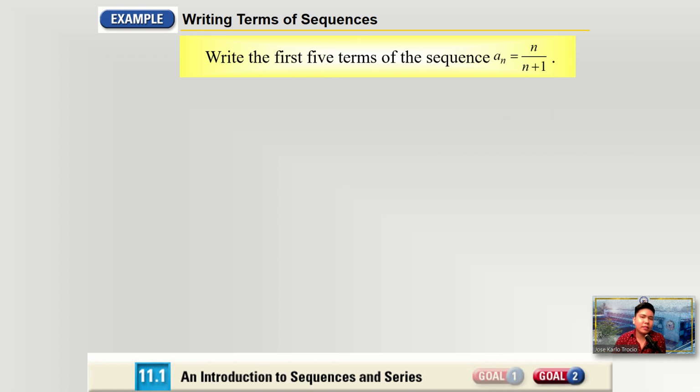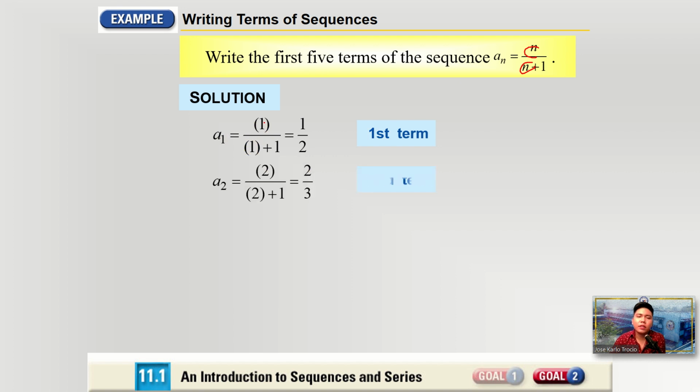Let us have another example. This is a rational function this time. Very simple. Just substitute the first term, which is 1, in every n that you can see. You have two n's here, so you just substitute 1 over 1 plus 1. 1 plus 1, that is 2, so that's 1/2.